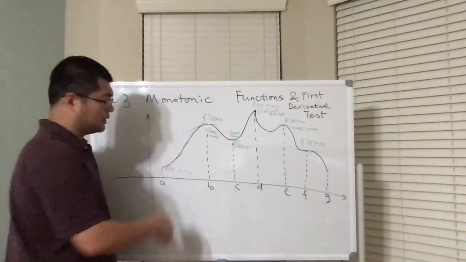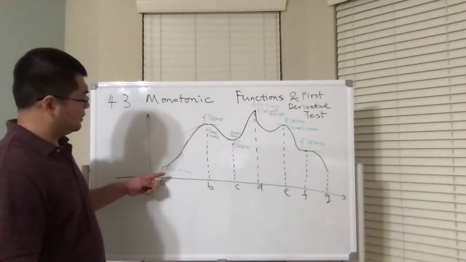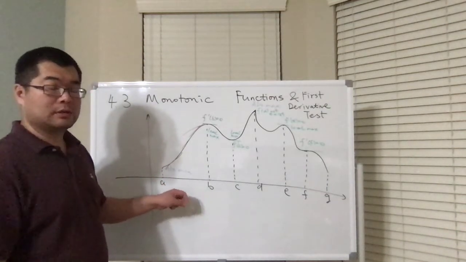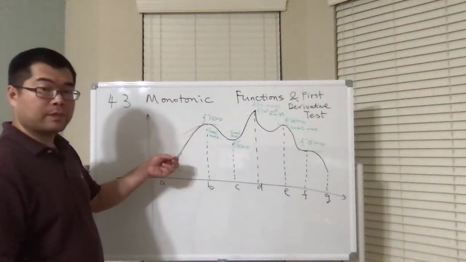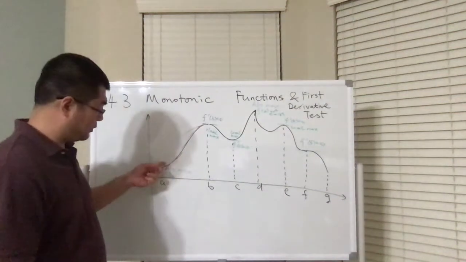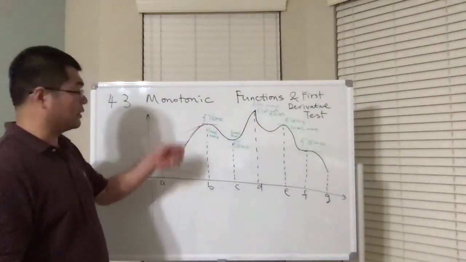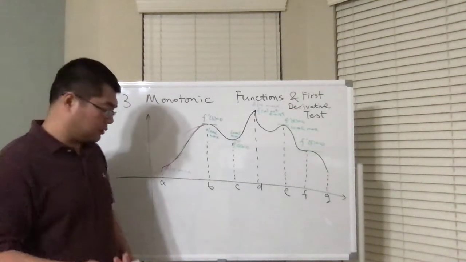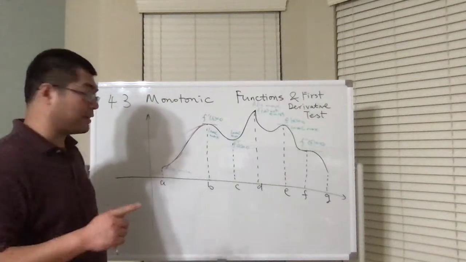So all the tangent lines. Do you agree that on this interval from A to B, the slope of tangent lines at any point on this interval is positive, right?